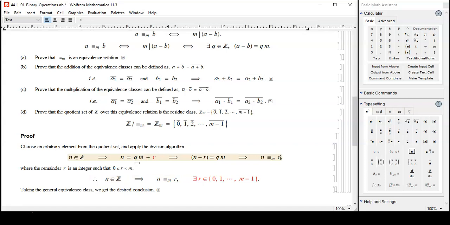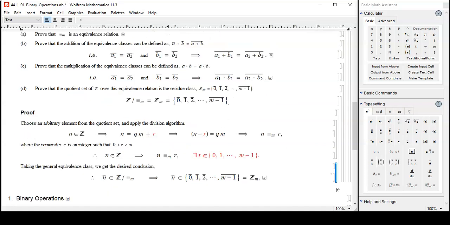And then if you flip this r to the other side, n minus r is qm, so that's divisible by m, so n and r are equivalent. So no matter what integer I select, it's got to be equivalent to one of these. And the reason is the division algorithm.